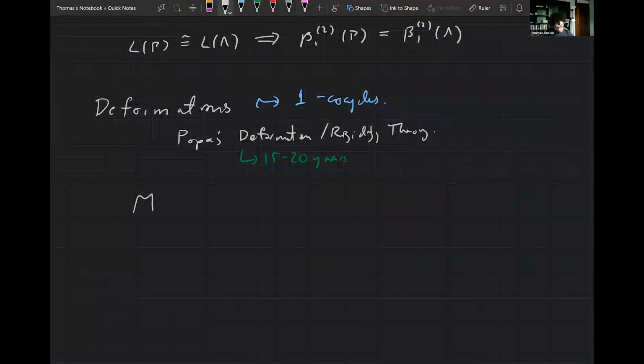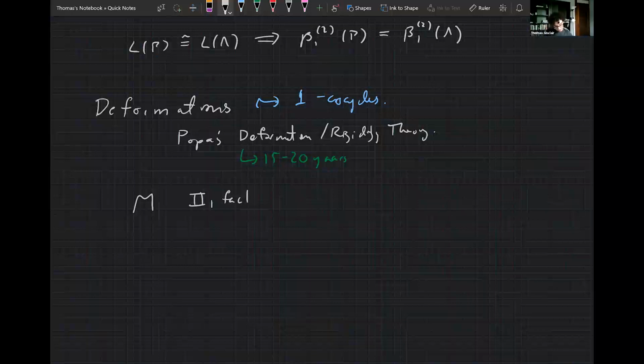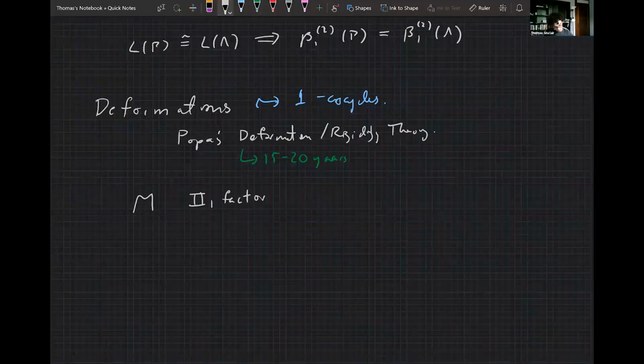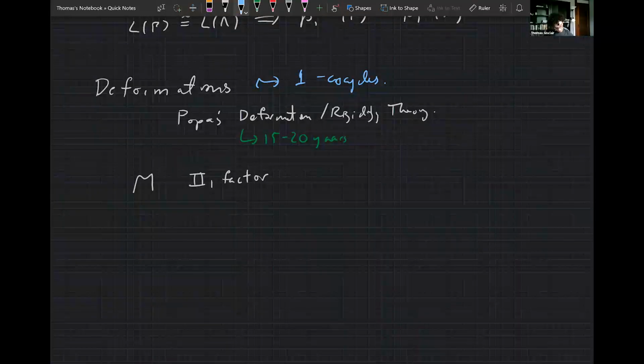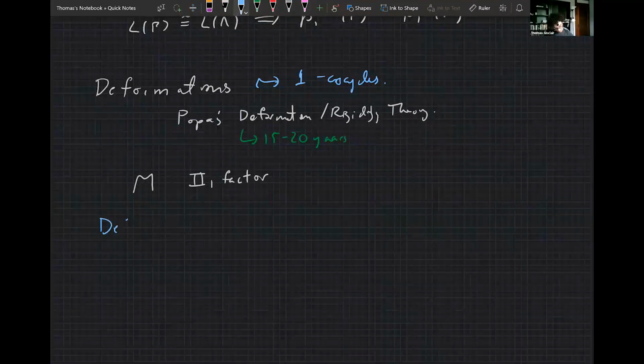We have M, a II_1 factor, just in general, and there's a bit of data that goes into this definition.